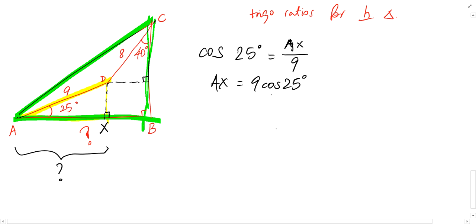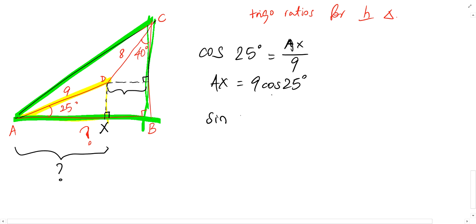So, from here we have AX already, but the question wanted AB. So now we need to find XB, which is quite clearly the same over here, right? AX plus XB will give us AB. So how do we find this XB over here? Okay, Kevin, what do you say? Use sine, right?